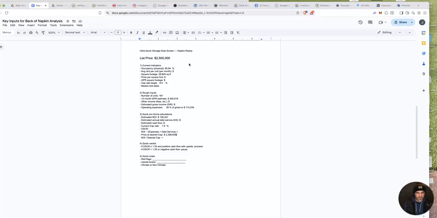So again, we're not going any deeper into DSCR, so we're not looking to see how we can cover our debt, at least at this point. We're going to take this number, the list price, and also take into account the information we know about the market and competition. We're going to have to figure all that out as well.